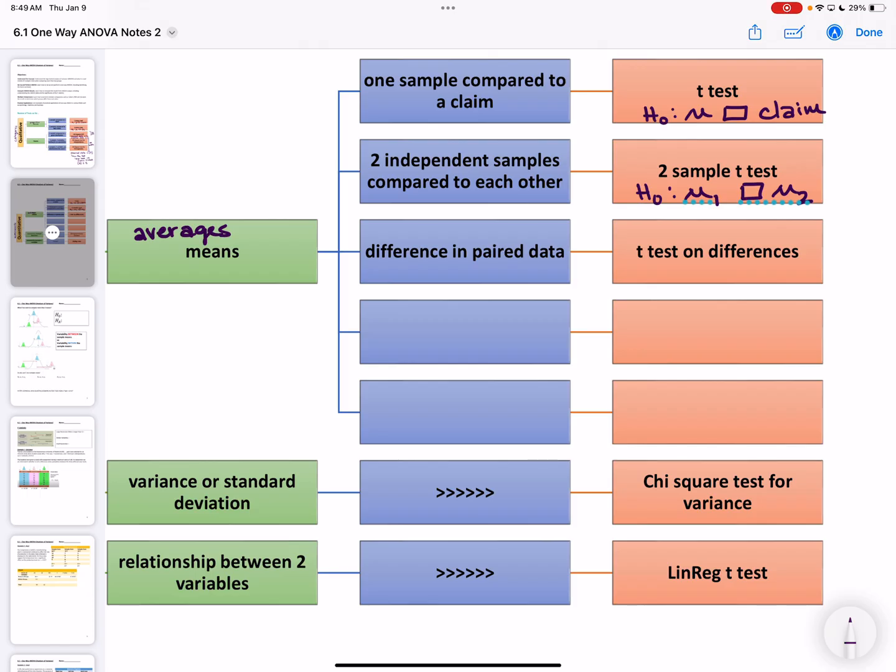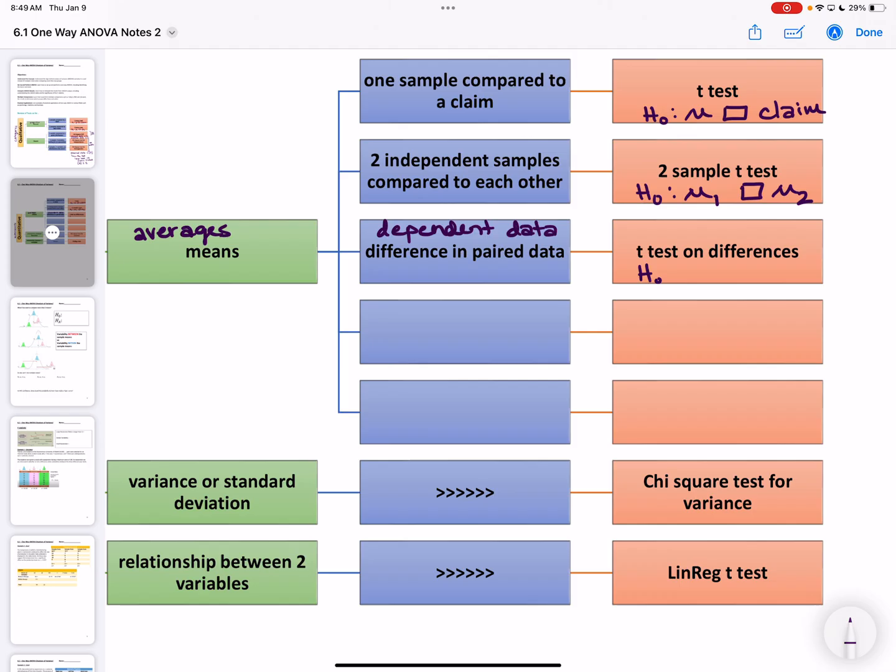Questions? So if it's dependent data, which is what this one is, dependent data or dependent samples, you need to look at the difference in the paired data, and that's just a regular t-test, but only on the differences, okay?